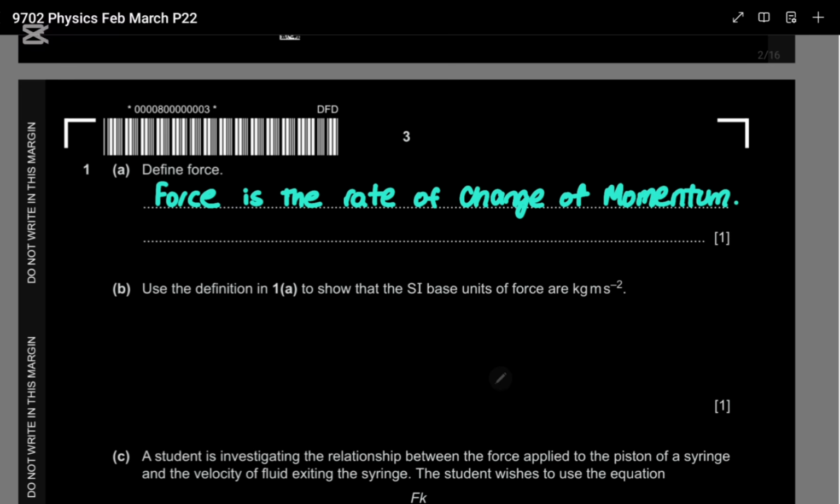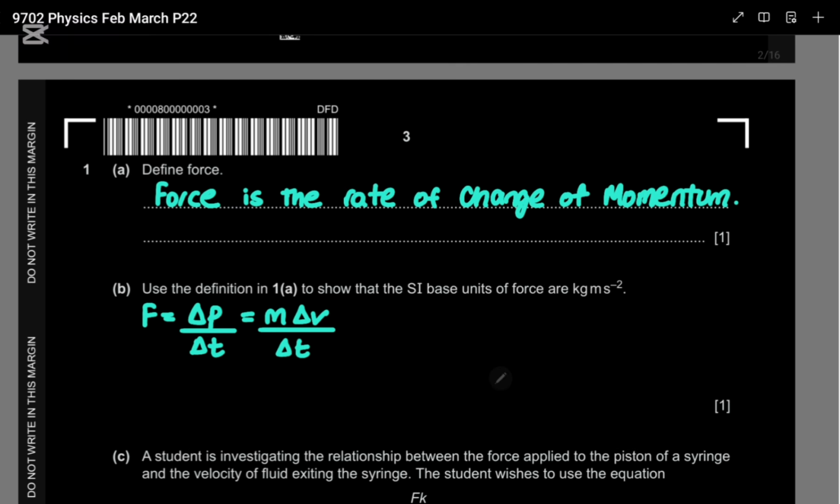Now part B says use the definition in part A to show that the SI base units of force are kilogram meter per second squared. Alright. So in part A we said that force is the rate of change of momentum, okay? Now momentum is the product of mass and velocity. So m delta v, because change in momentum over delta t.